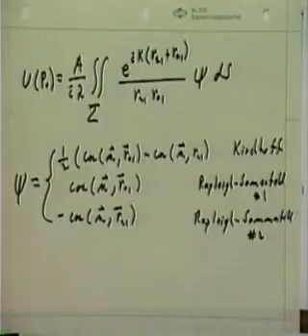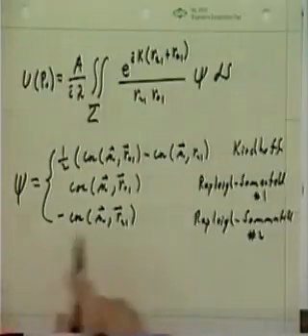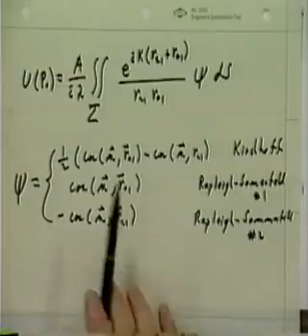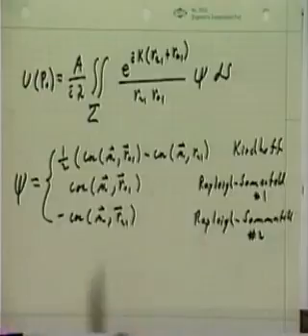Okay, so they both gave pretty much the same result. Kirchhoff was the average of the two Rayleigh-Sommerfeld solutions. And of course in real life what happens? Normally we work at such small angles, all these are equal to 1 anyway. So it doesn't make much difference.